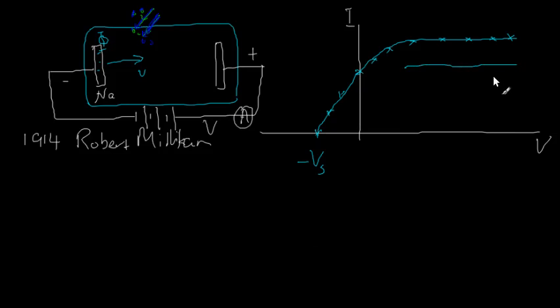So this is lower intensity of the light. Maybe I'll just use a simpler word: when the light is dimmer. So when the light is dimmer, the current is lower.